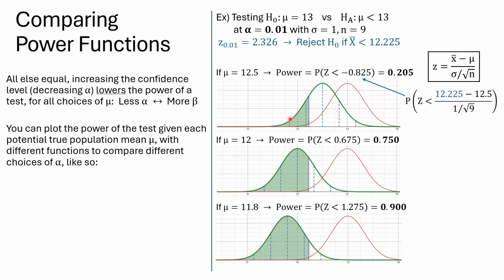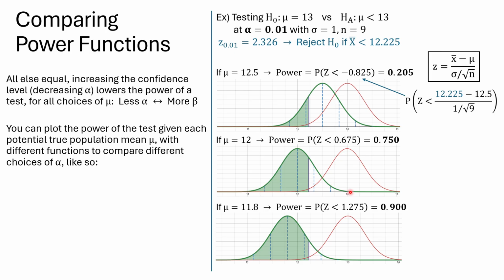We have less area now in the rejection region for a true mean that is in fact less than 13, so the alternative hypothesis is true, but we won't be rejecting the null hypothesis very often. We'll just reject it 20.5% of the time if mu is 12.5.